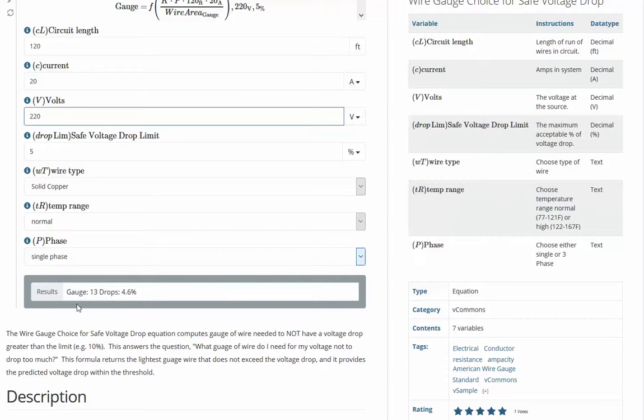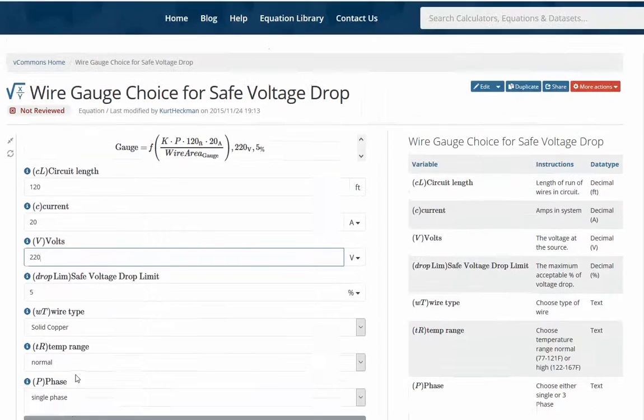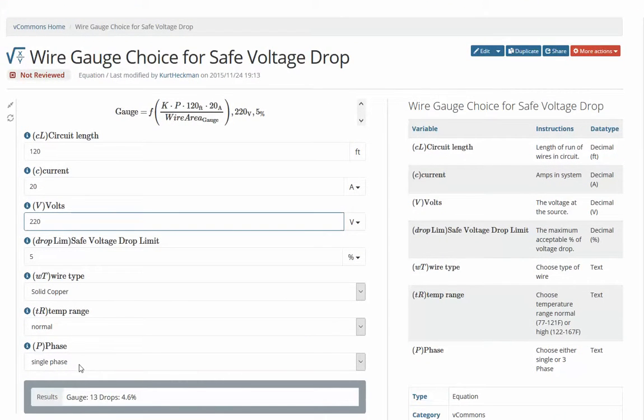So it looped through and basically said gauge 13 wire will only drop 4.6% based on these parameters over this length with this much current and this much voltage. So again, very useful in this case. So it'll help you know what is the lightest gauge wire, which certainly turns into the least expensive wire that you could do over the circuit and still have the tolerances needed.